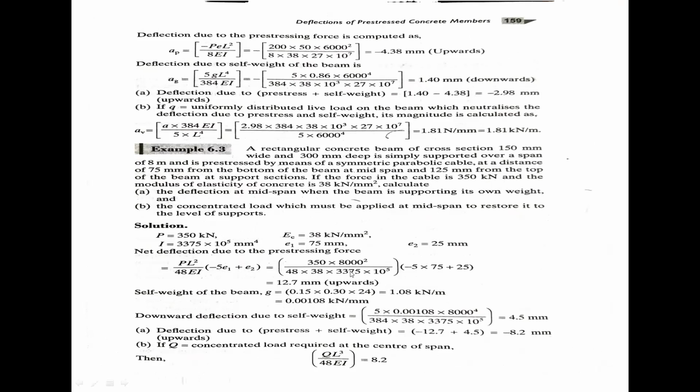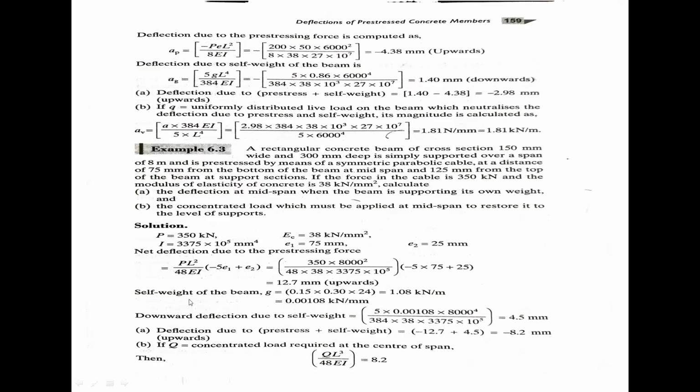Now substitute this in the equation. Finally, we get 12.7 mm upward deflection. The negative sign indicates upward, that means minus.